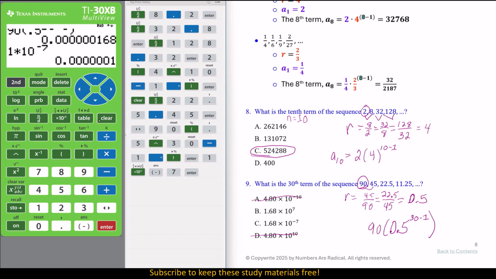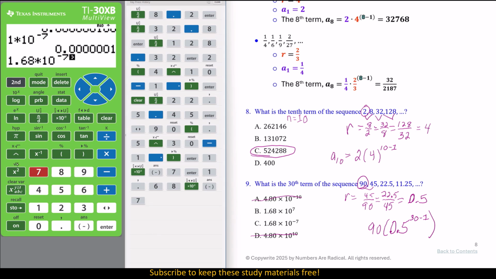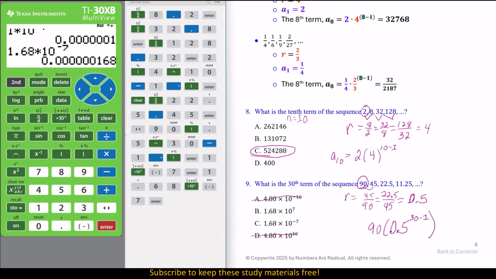Oh goodness, I didn't push anything right. I was sitting there talking, I put in 1 and didn't put in anything else. 1.68. Now use your magic button. Oh my, talk about getting tired. So negative 7. Now let's try. There we go. Now we have what we need. So it was negative 7.